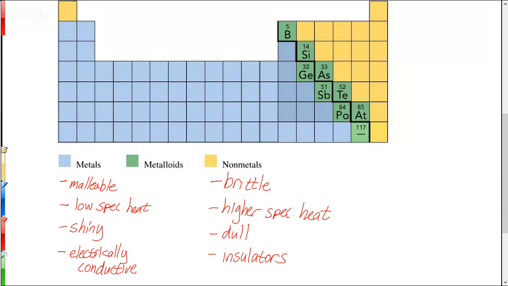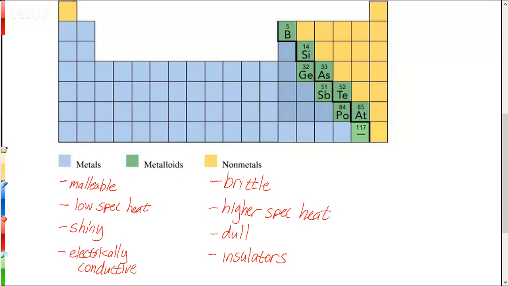So if you get confused by that, just remember that there are these pretty big categories. And if it's in with something you know, then it's got the same thing. So if I ask you about ruthenium, which is number 44, and you don't remember which side the metals are on, well, ruthenium is right underneath iron. And we can probably all remember that iron is a metal, because that's what we make cars out of and stuff.